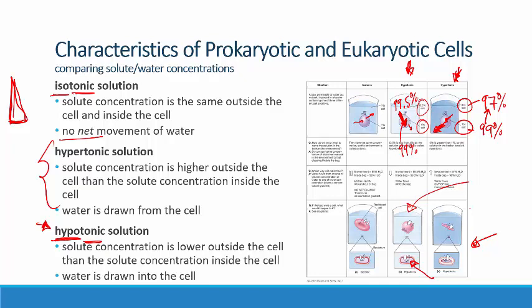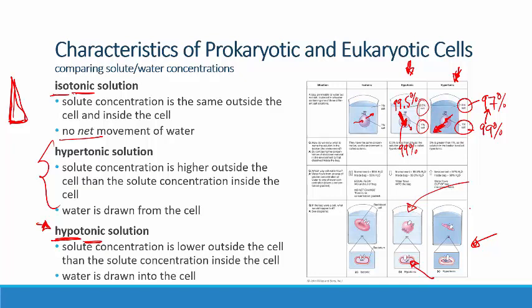We've talked about all of these characteristics of diffusion as we move materials from high concentration to low concentration, facilitated diffusion, where we use a carrier protein to move the materials from high to low concentrations, and then osmosis, where water moves from its high concentration to low concentration, determined based on how much stuff there is dissolved in the water.